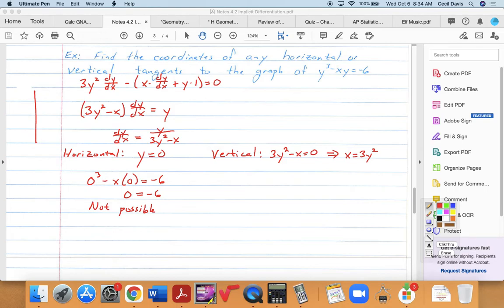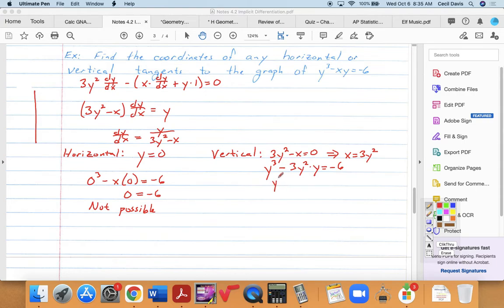Now I'll substitute 3y squared back in for x in my original equation. So then I have y cubed minus 3y squared times y is equal to negative 6.